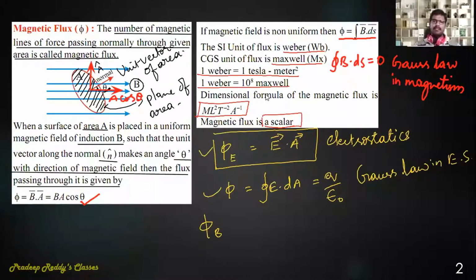Now let us learn in detail how magnetic flux undergoes change with respect to the orientation of the coil in an external magnetic field. As I told you, the area vector is always perpendicular to the plane of the area.